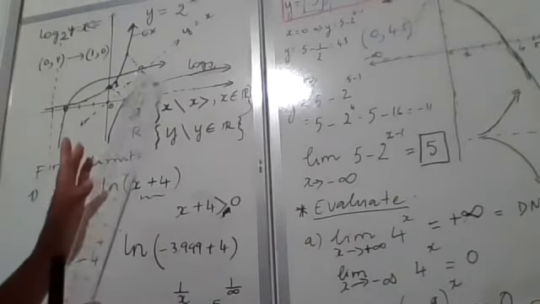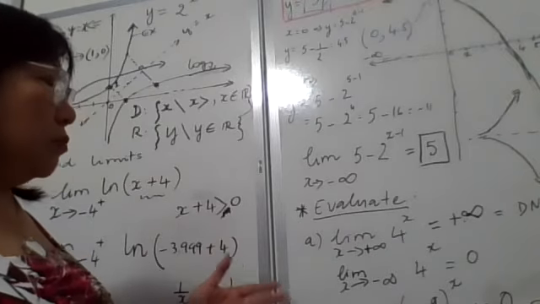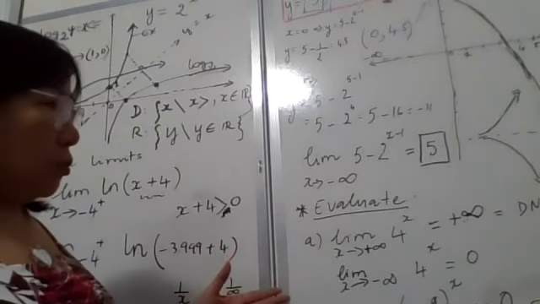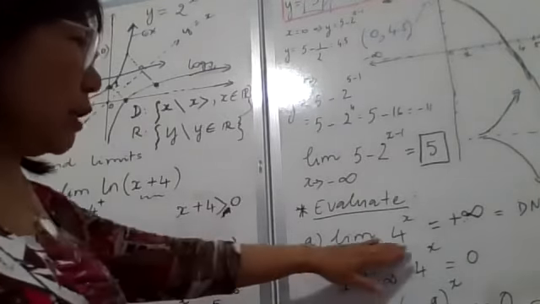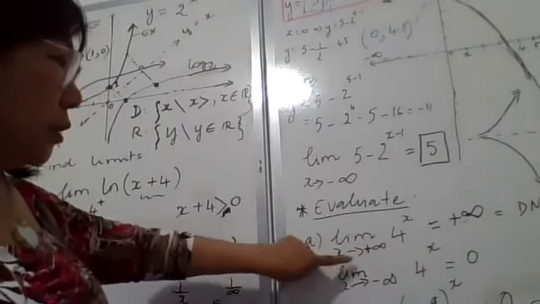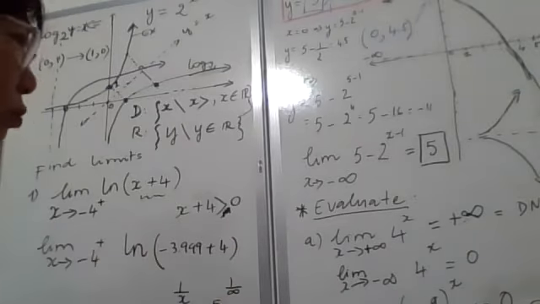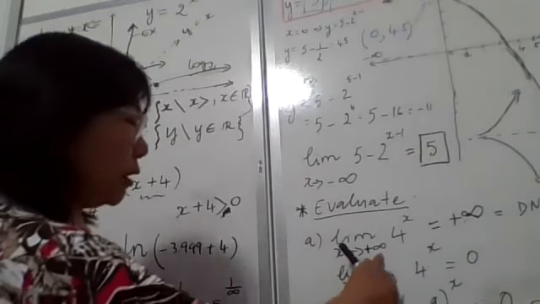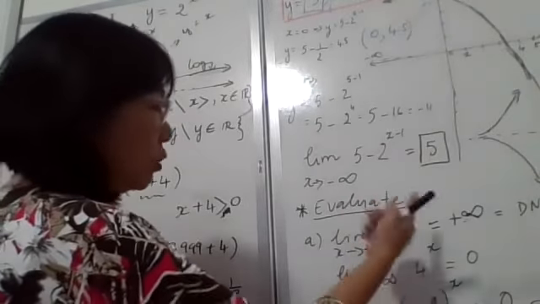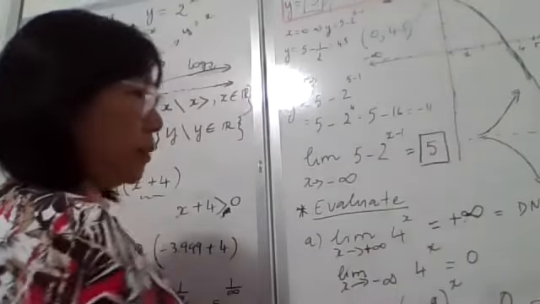At this level, you just try to play around with it. You can use a calculator and evaluate, plugging in a number very close to this number and find out. So if they say x approaches positive infinity, you can try 4 to the power 1,000 or 4 to the power 100, something like that.